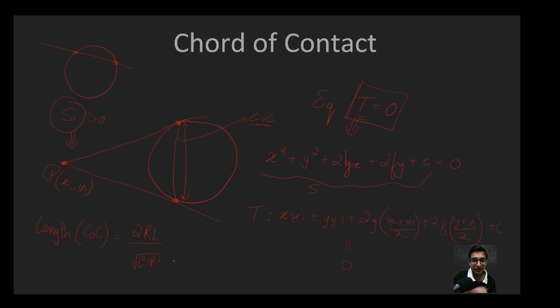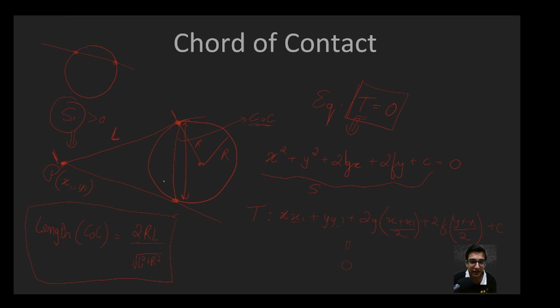Now of course you must be thinking what my R here is and what my L here is. R is nothing but my radius of the circle, and L is my length of this tangent. From this point to this point, this length here is my capital L. So by using this formula we would get the length of chord of contact.